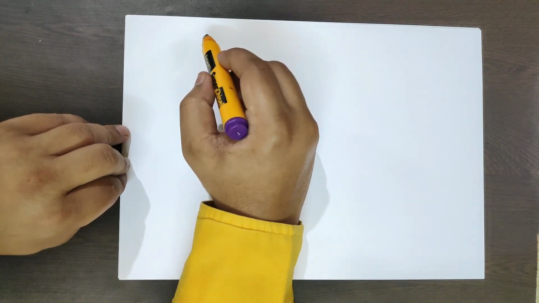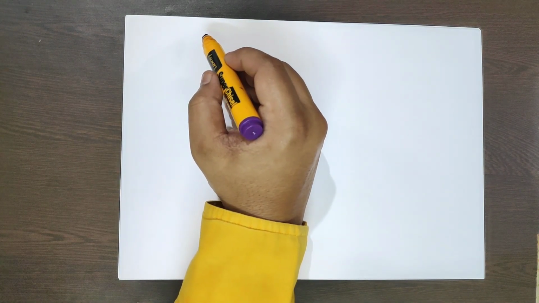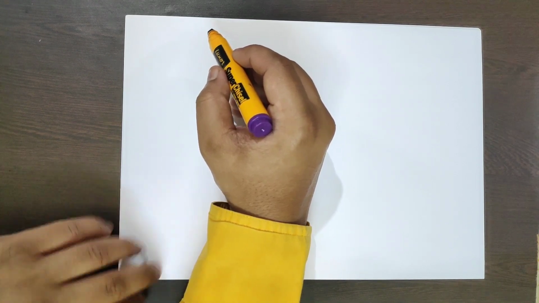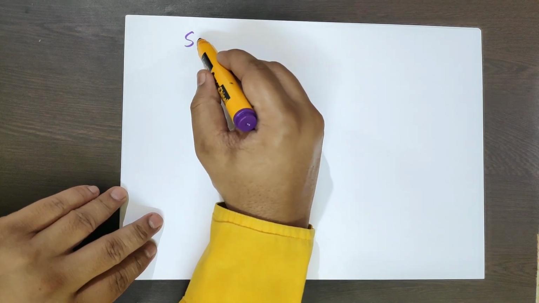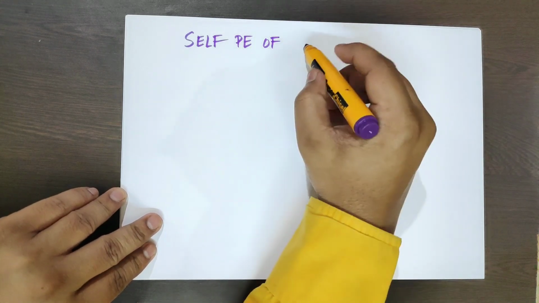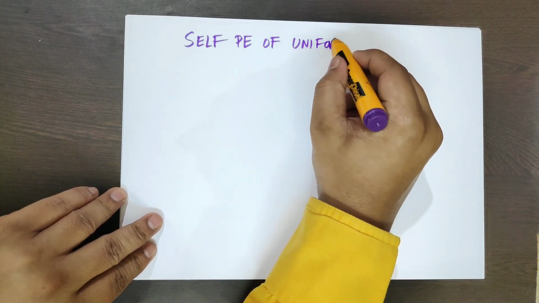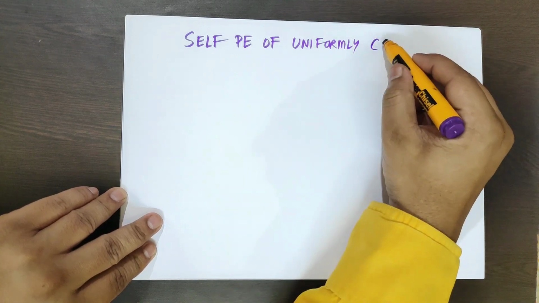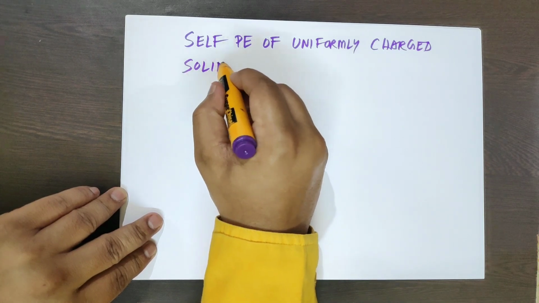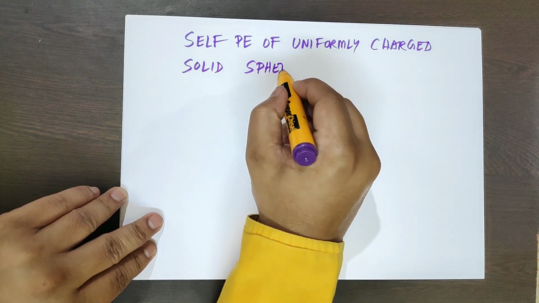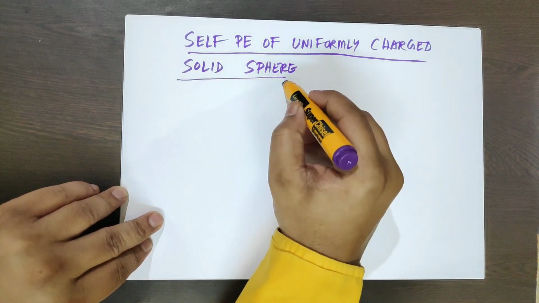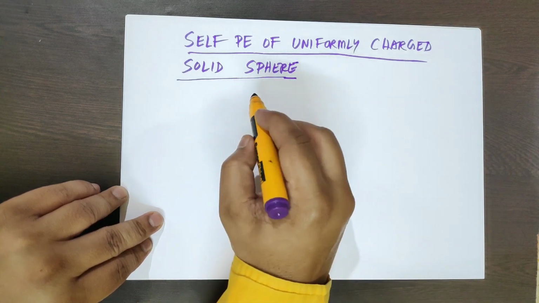Okay. Now we will calculate the self potential energy of a solid sphere, uniformly charged solid sphere. Here, as you put on charges, the radius keeps on varying, so it will increase.